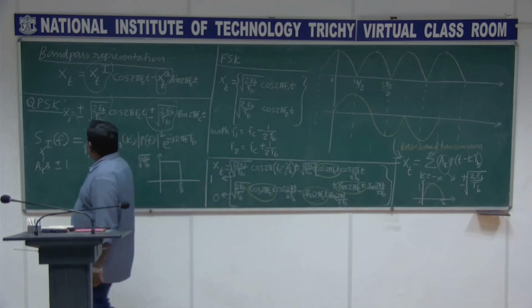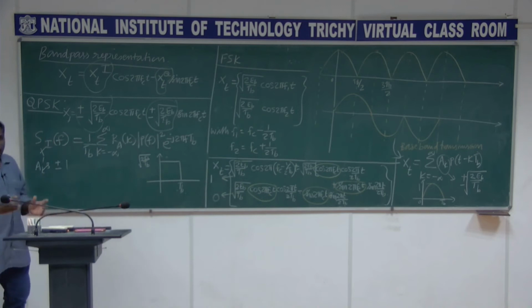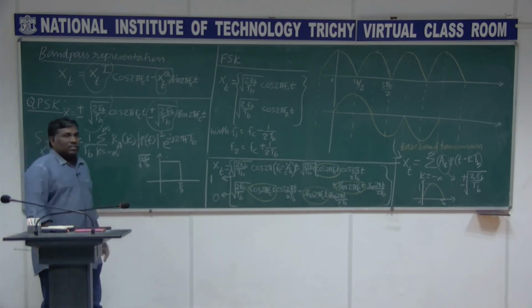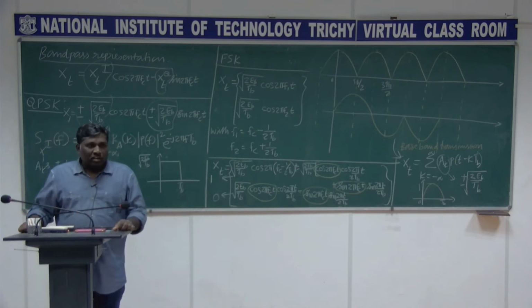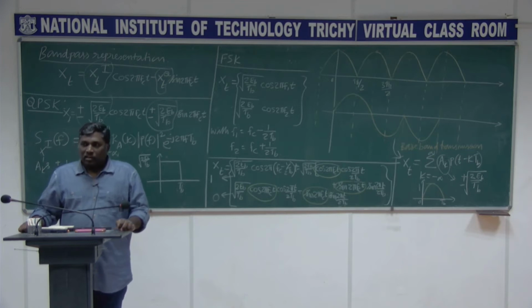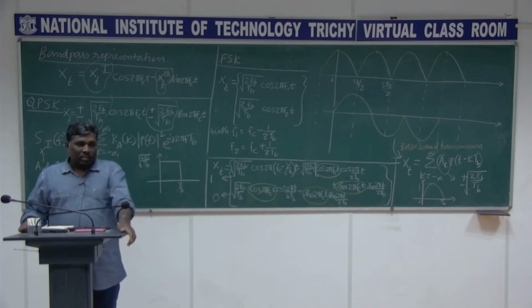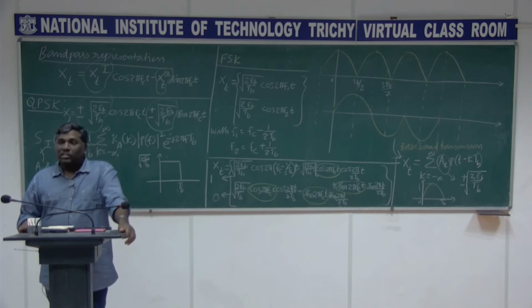Now for the special case, we will consider when the binary sequence is uncorrelated. I told you that it depends on R_A of 0. R_A of k has a finite value only for k equal to 0. For all other values of k, it is 0.